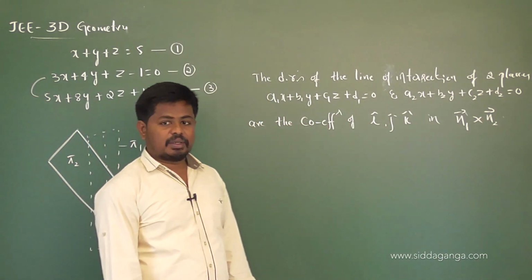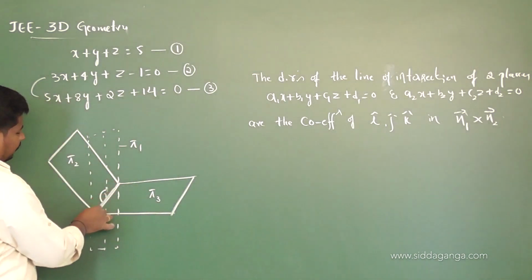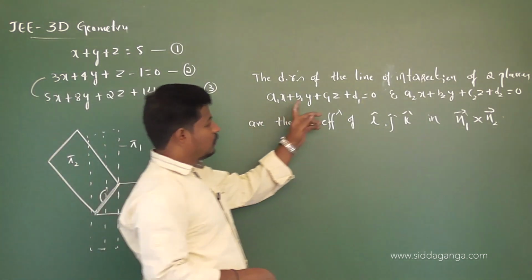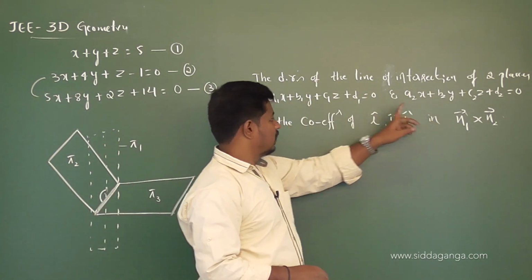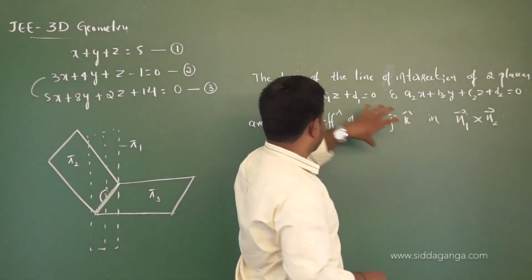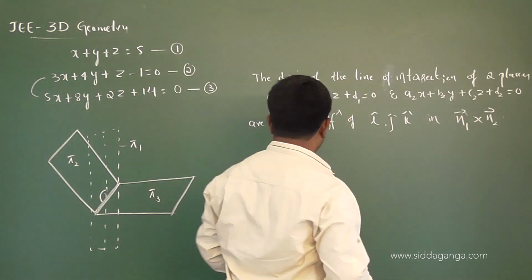So the direction ratios of the line of intersection of these two planes are the coefficients of i, j, k in this n1 cross n2. What is n1 actually? The normal vector for the first plane, and n2 is the normal vector for the second plane.